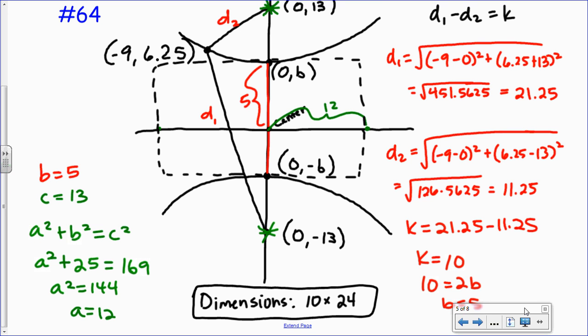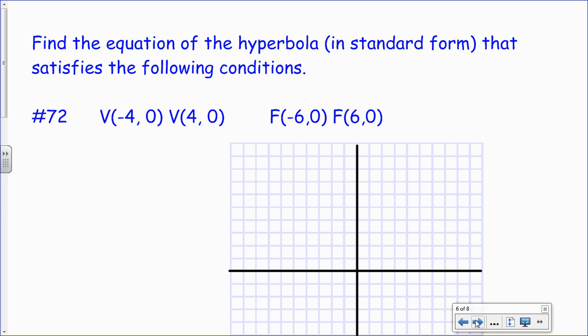All right, we have one more thing to talk about, and that's just working backwards. So I'm going to give you some parts, and we want to write the equation of the hyperbola. I use a graph to help me visualize what's going on so then I can write the equation. But you don't actually have to draw the entire graph. We're looking for the equation.